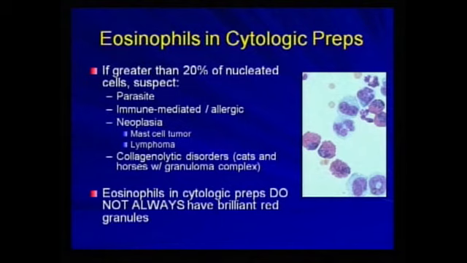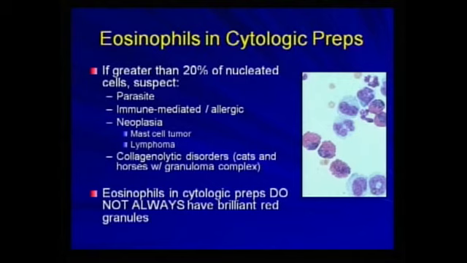So we try to have a cutoff, and the cutoff is about 20%. If you have more than 20% eosinophils in a particular cytology, then the diagnosis of eosinophilic inflammation is probably acceptable.